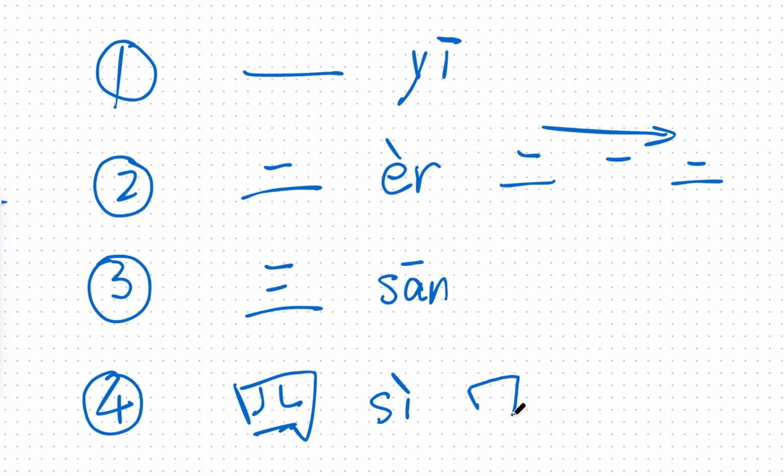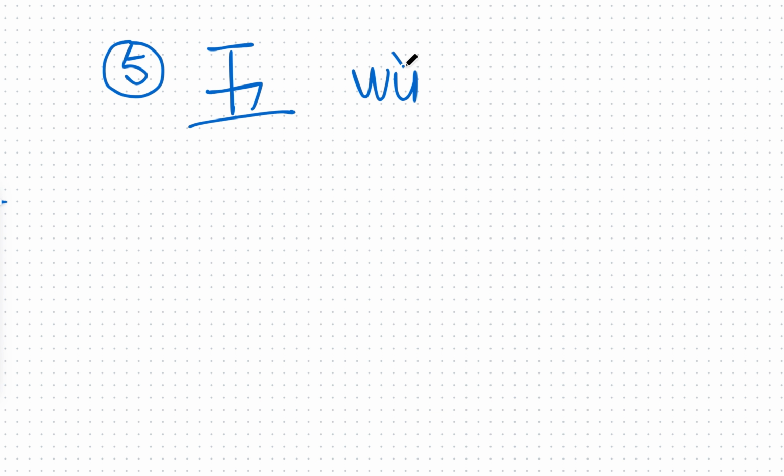So here you write the outside first, then inside. Pronounced sì. Then 5. It writes like this.